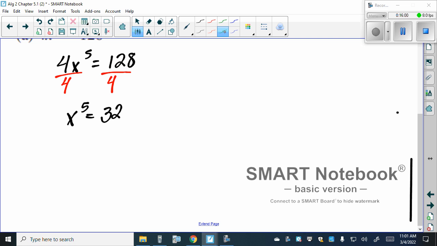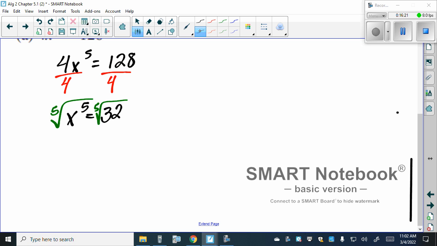Now in the square root method, we would square root both sides to get our answer. But here, can we take the square root of both sides? No, because what is our exponent? So we would need to take the fifth root of both sides.